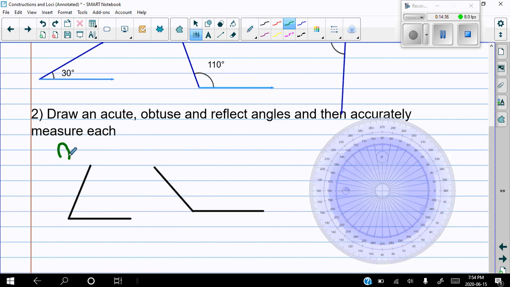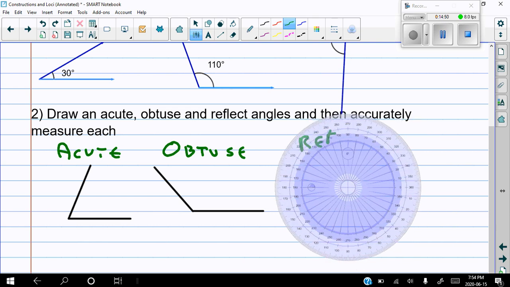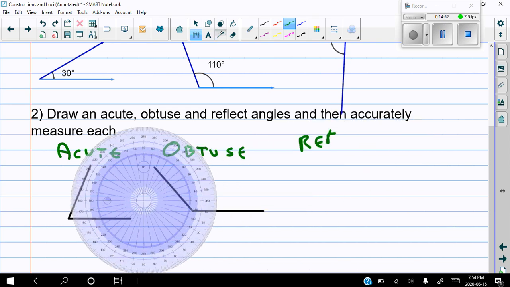So just going to label these now. Acute, obtuse, and the last one will be reflex. Reflex is just anything that's bigger, right? Anything that's like the reverse Pac-Man.